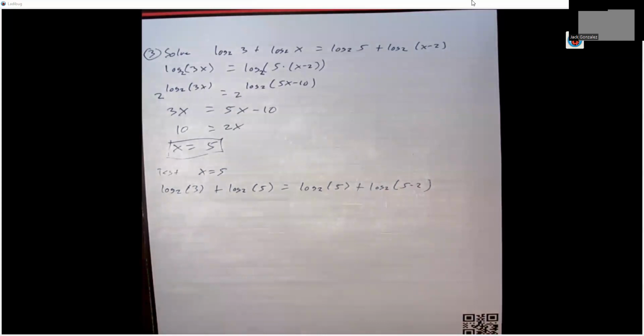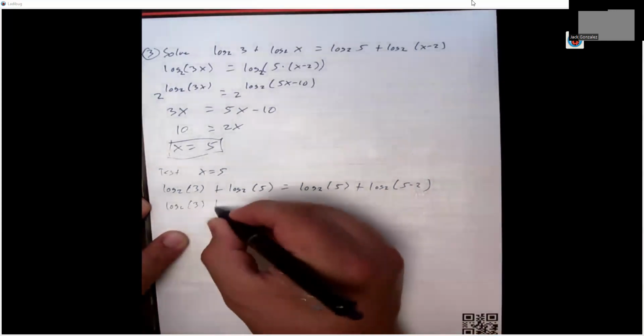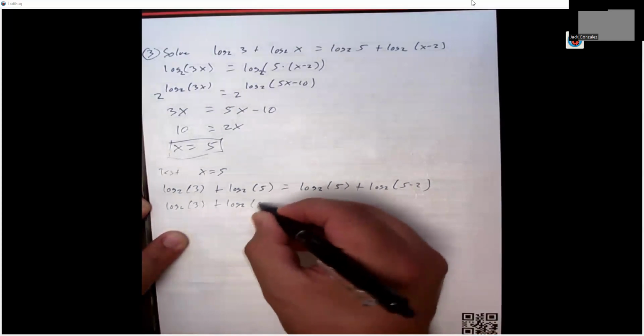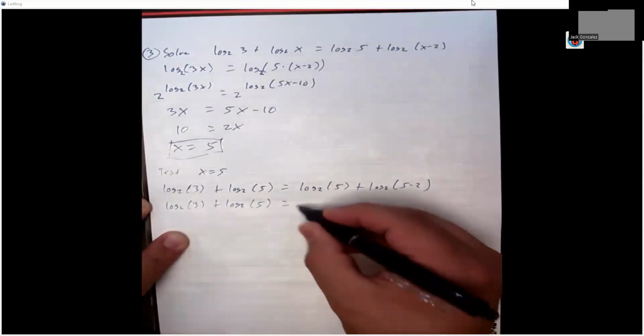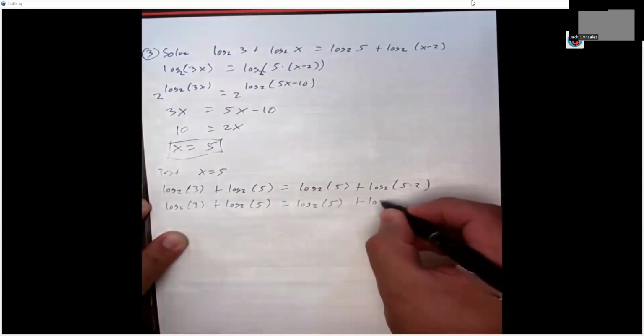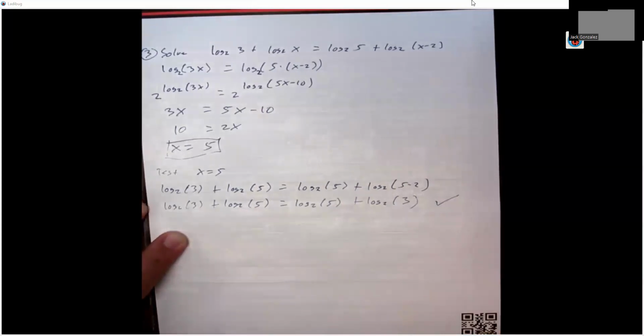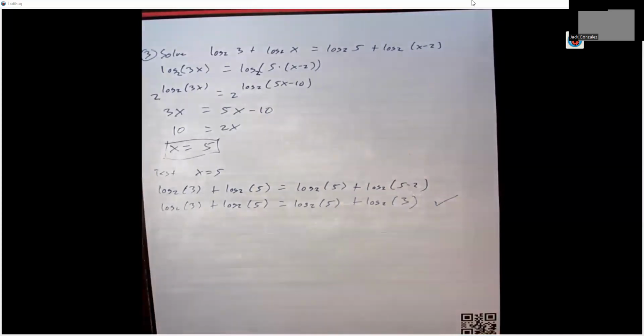Yeah, it looks the same, right? So we're good. We could go further, but it should be obvious that this is the same, that we have equality, right?